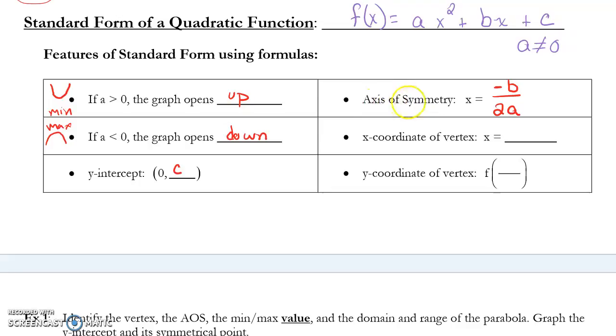That is the axis of symmetry, my vertical line of symmetry. And then the x-coordinate is going to be at that point, the opposite of b over 2a. And the y-coordinate is going to be what I get when I plug that into my function. So f of the opposite of b over 2a. And that will become a little bit more clear as we go through a couple examples here.